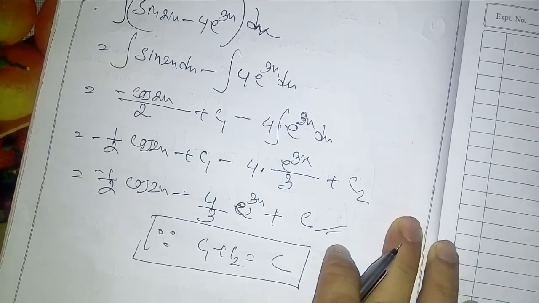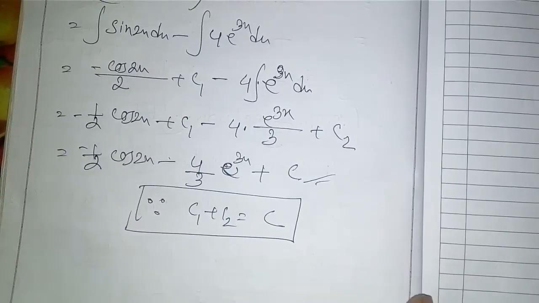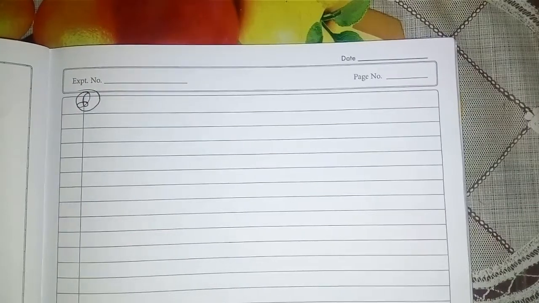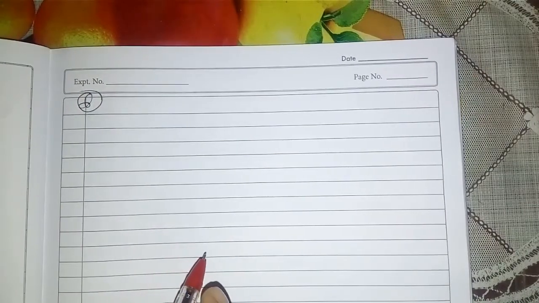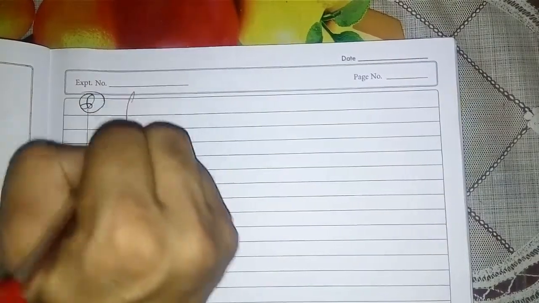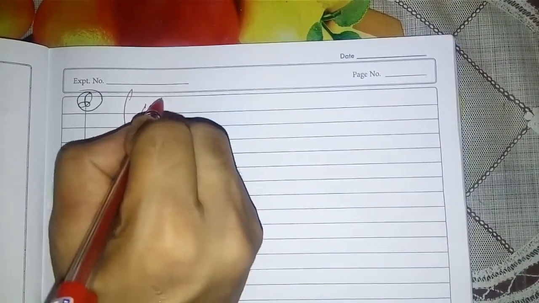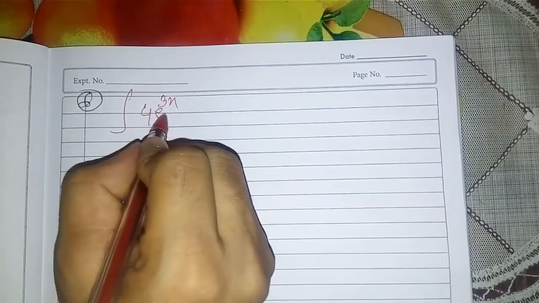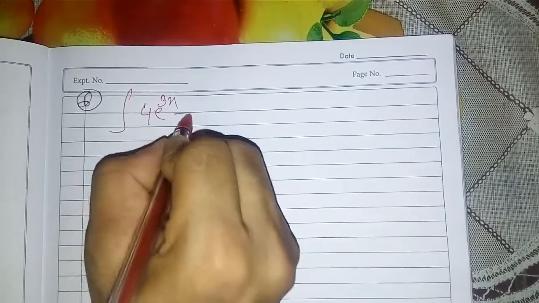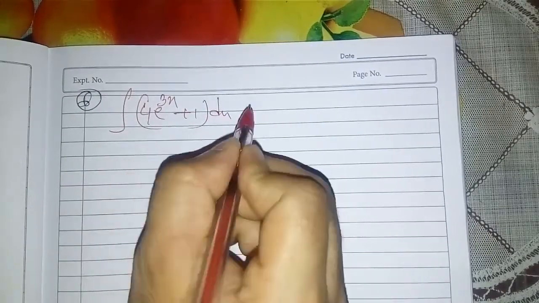And number 6 is also easy. Find the following integrals: integration of 4 e to the power 3x plus 1 dx.